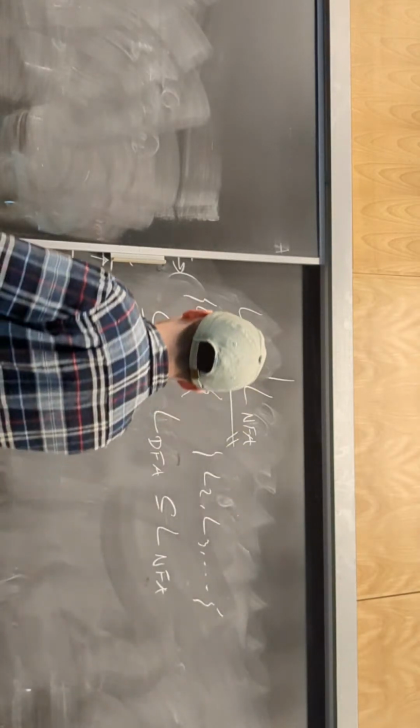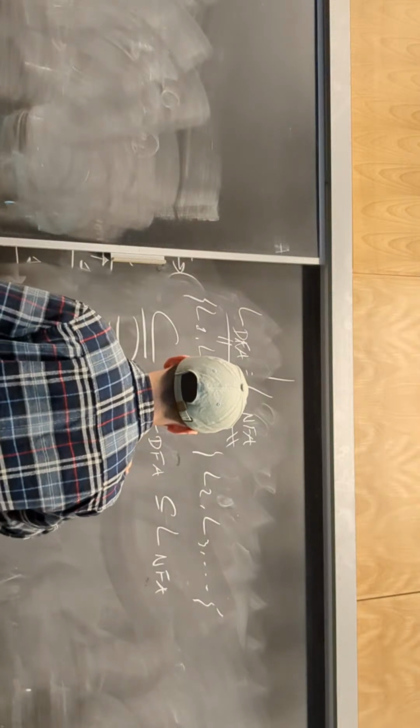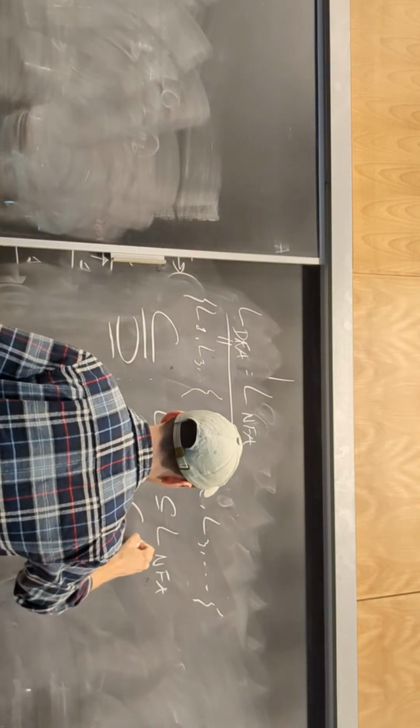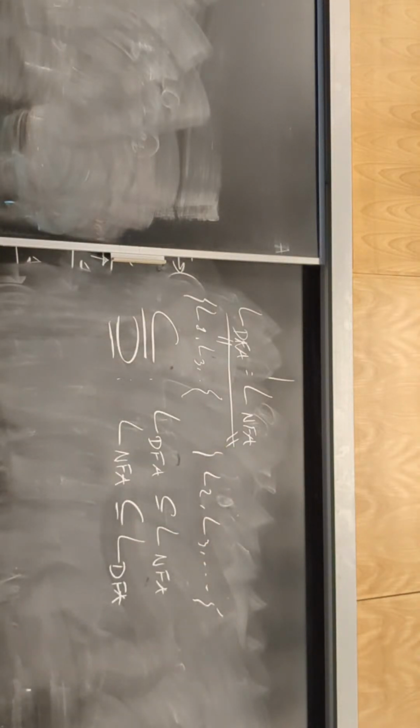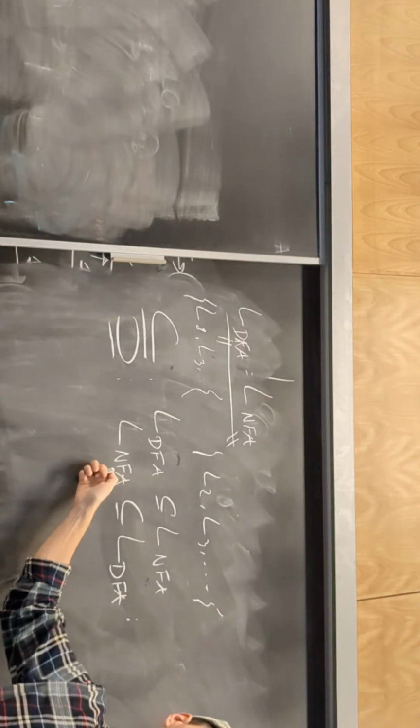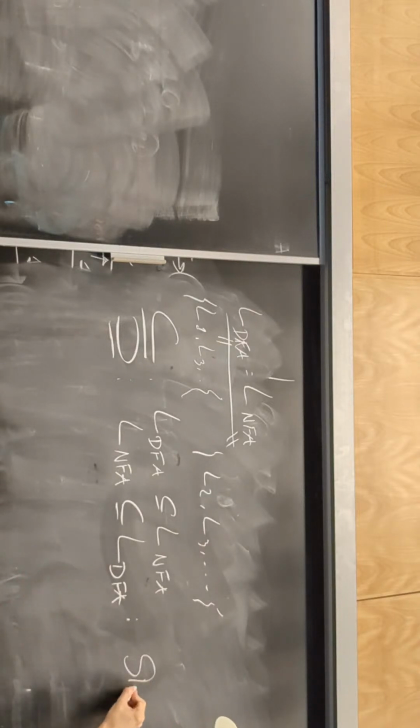The harder direction is this way, right? So why is it true that if you have an NFA, it also has an equivalent DFA, in the sense that the DFA accepts exactly the same language as the NFA. So the general intuition for this is that it's very similar to the product construction I was doing in tutorial 1. You can essentially simulate an NFA with a DFA. So you can simulate NFAs with DFAs, right?